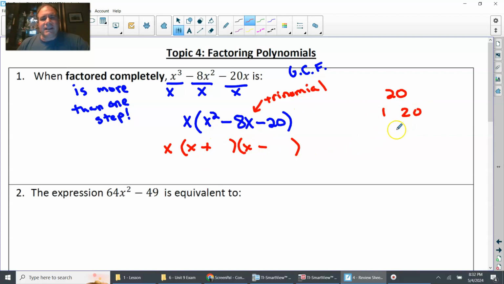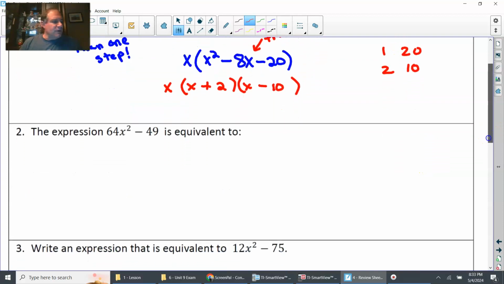So 1 and 20 cannot make 8. 10 and 2, yes, that could make 8. The 10 has to be the negative. The 2 has to be the positive. Then I just go 2 minus 10. That's negative 8. 2 times negative 10 is negative 20. That is factored completely.